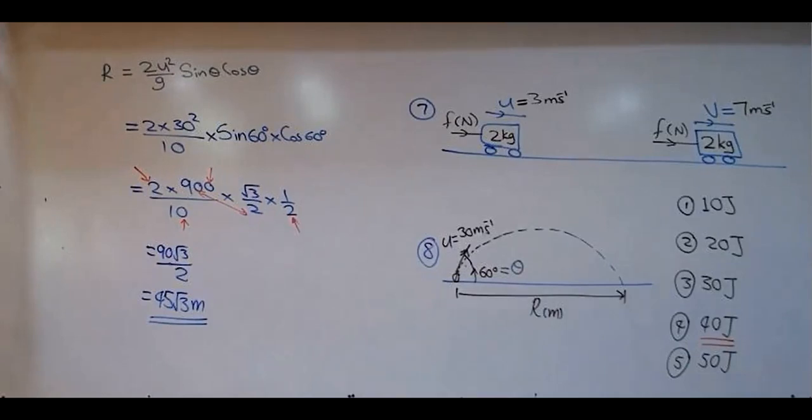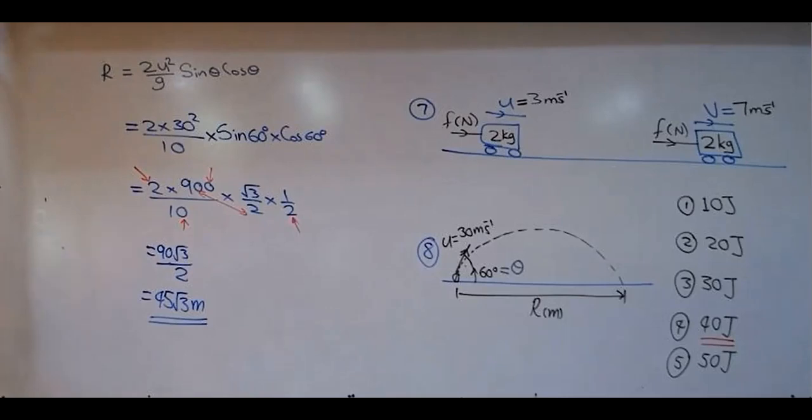Question number 9. An object of mass 10 kilogram is moved up along a smooth inclined plane as given below.